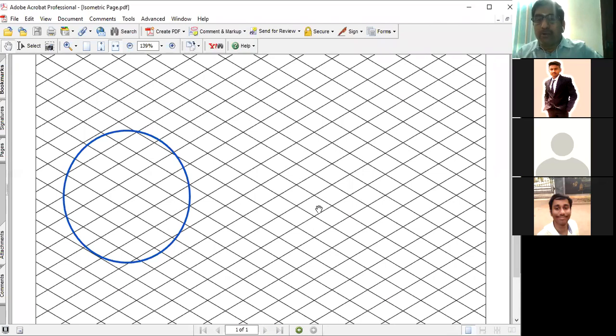Now I'm going to consider the isometric, the circle diameter is 60 millimeter. Okay, now I can draw.